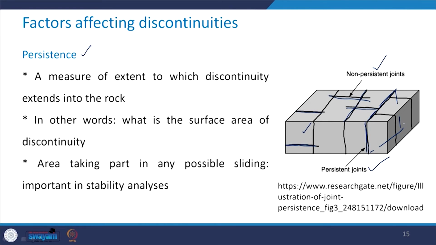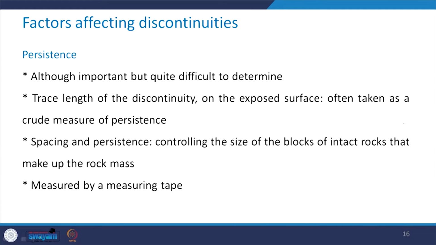The area taking part in any possible sliding is very important in the stability analysis, and obviously that area is related to this term persistence. So one needs to be careful about this factor. Although it is very important from the stability point of view, it is very difficult to determine.